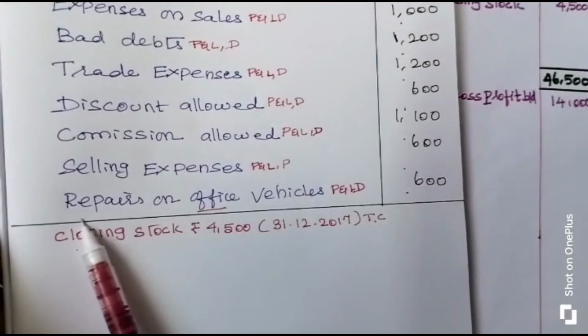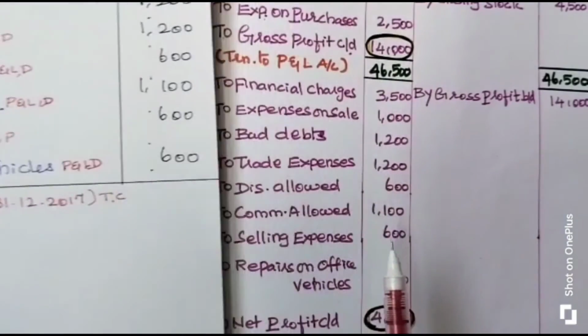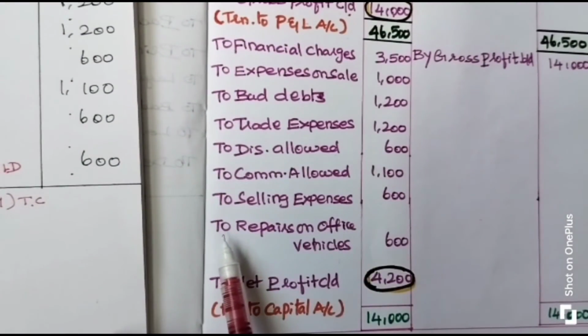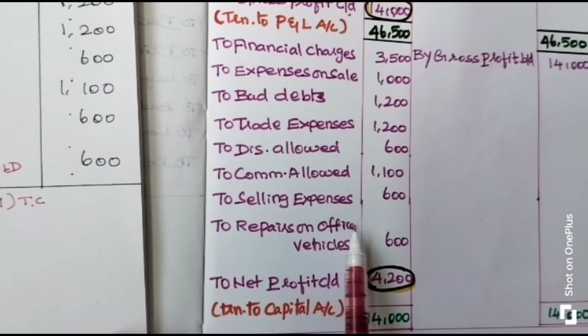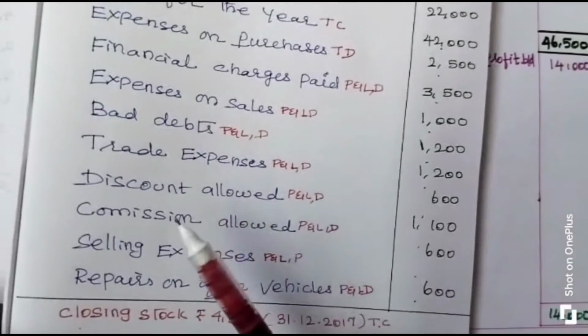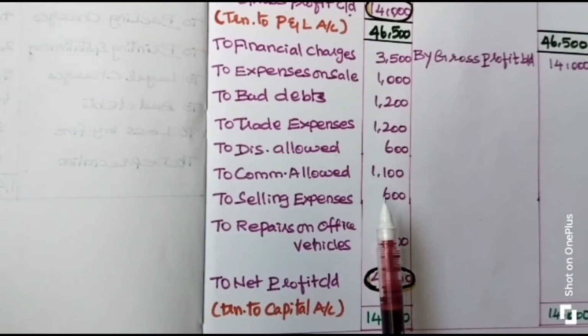Repairs on office vehicle, 600 rupees, go to the debit side of the profit and loss account. So you enter to repairs on office vehicle 600 rupees. So we have entered all the given information into the profit and loss account.